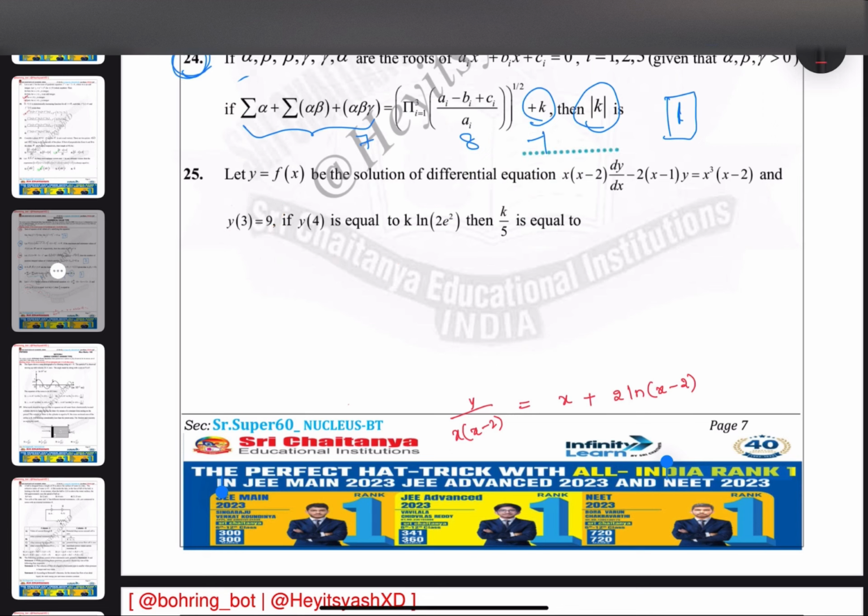Y of 4, y is equal to, when you put 4, this is 4, this is 2, this is 4, plus this is 2. Alright, so y is equal to 4 into 2 is 8, 8 into 4 is 32, plus 16 ln 2. Alright, this is the value we got, but it is given in the question that it is equal to k ln 2 e square.